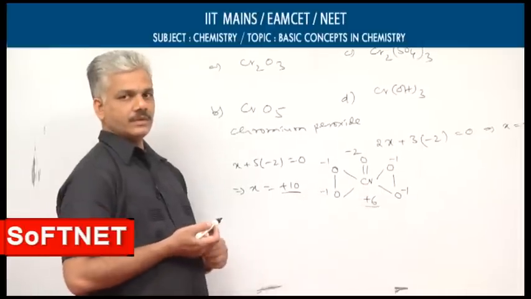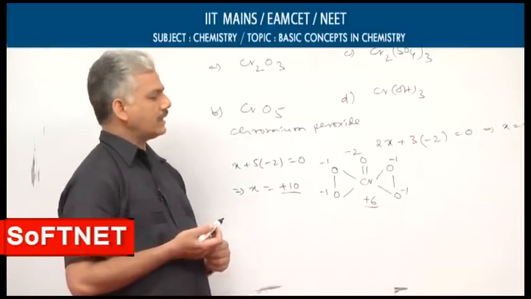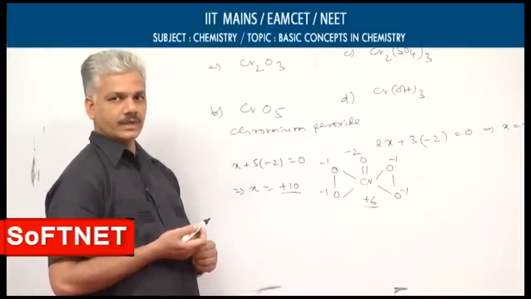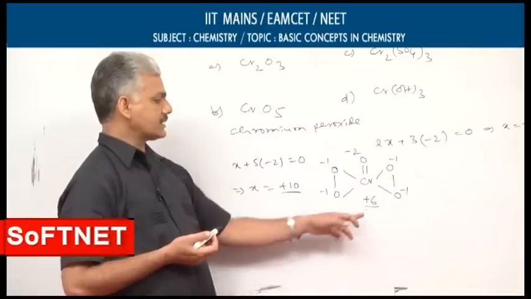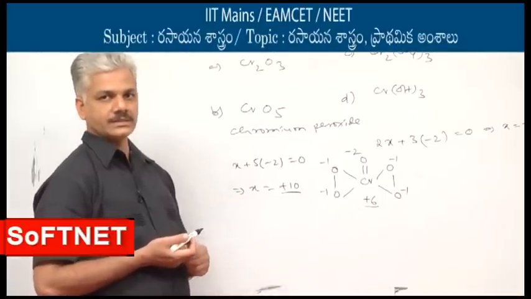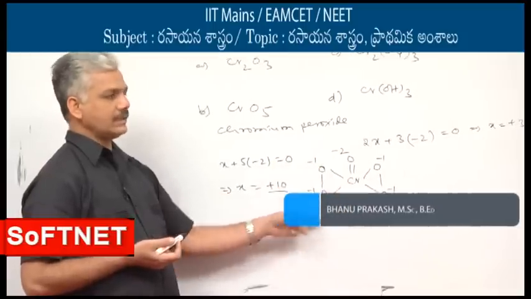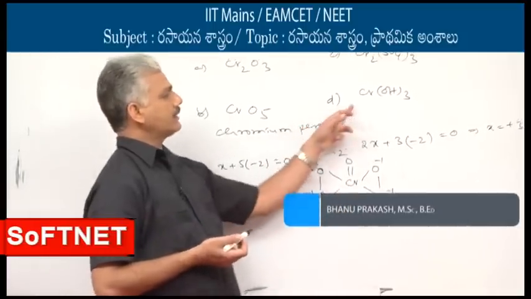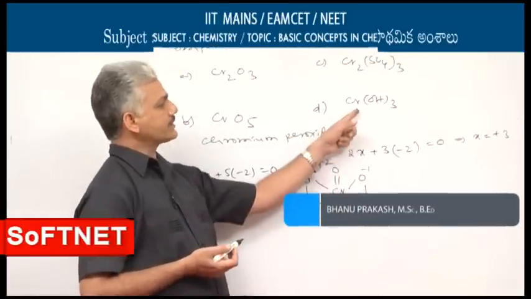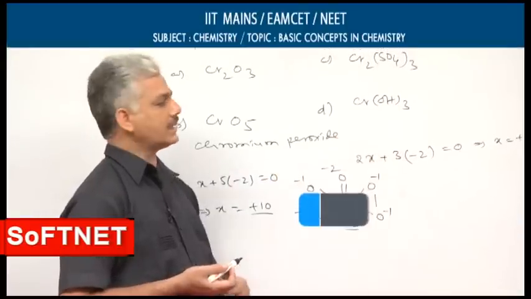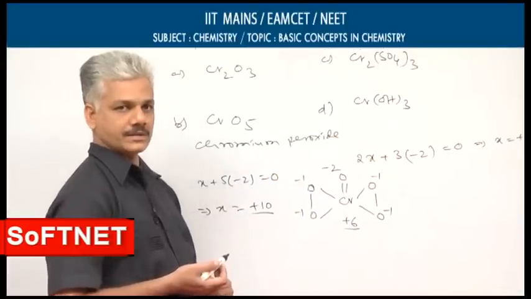Chromium, as you know, belongs to the d block, and it is present in group 6B. So, its oxidation state value can be safely taken as equal to plus 6, which will be true even from the structure.